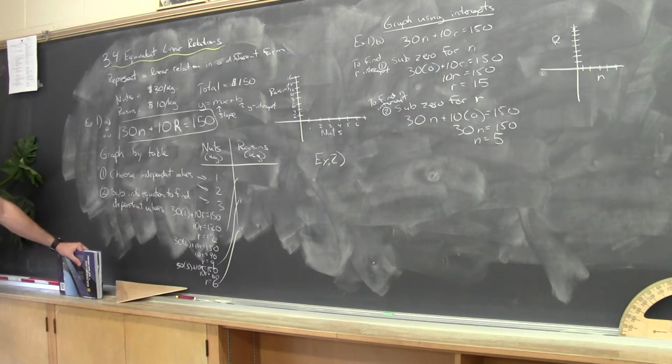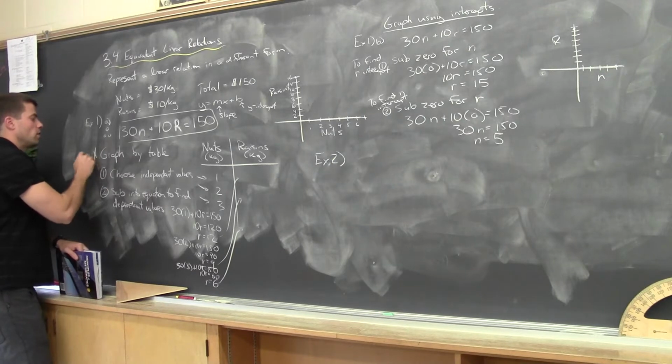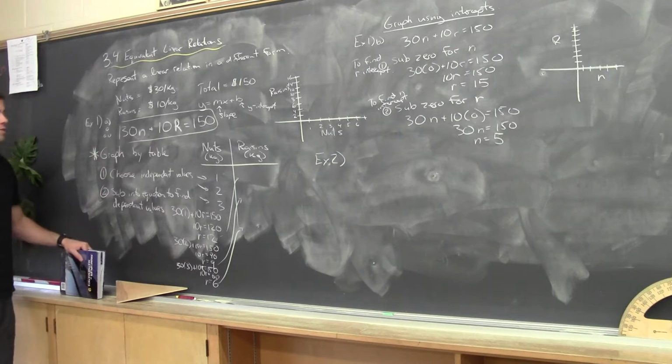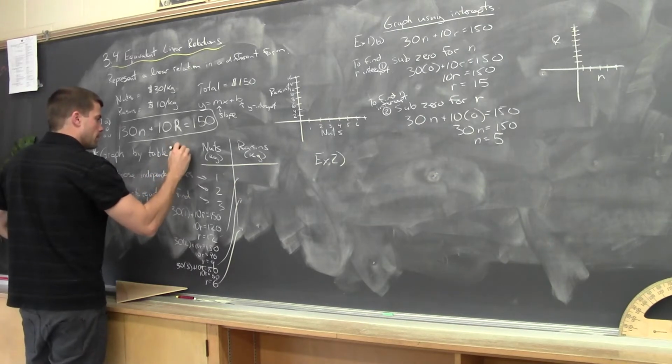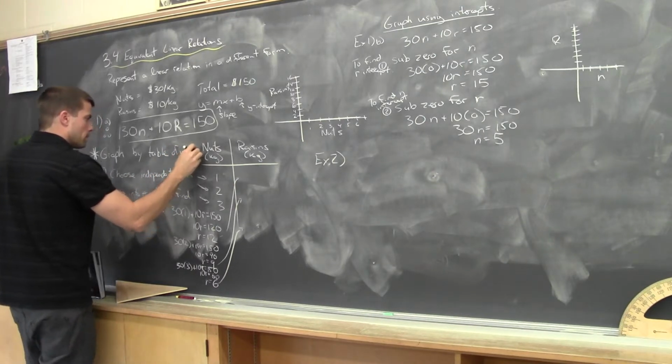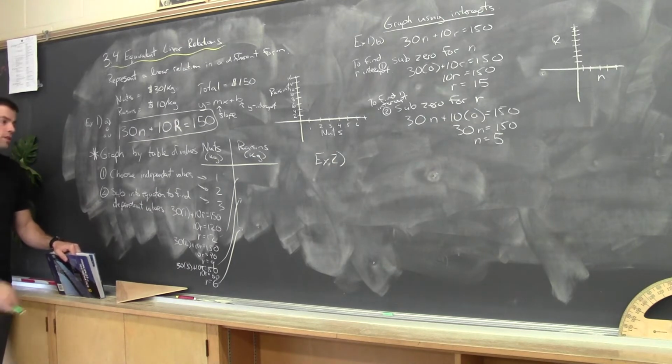Okay, so there's several ways that we can graph this. One way is that we can create just a table of values. So that's the first way we're going to look at, is to graph by table, a table of values. The way we do that is we have to first initially choose the independent values.